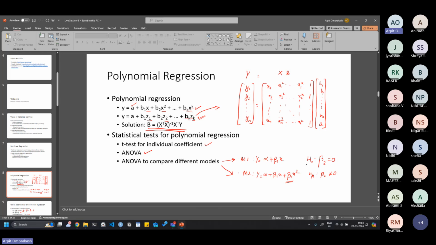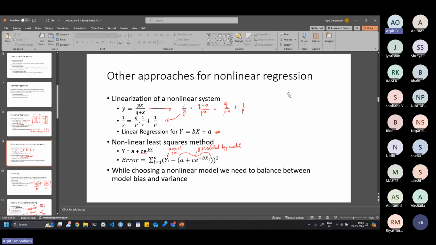So you need to know the concepts of these things, and you need to know how the different functions, regression and t-test and all, work in R, but you don't need to calculate anything by hand, so don't be worried about all that. The other approach for nonlinear regression is linearization of a nonlinear system.